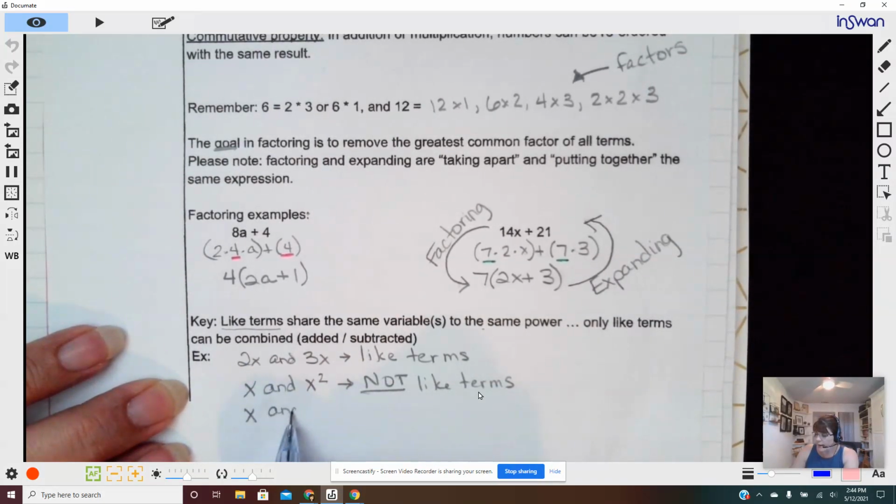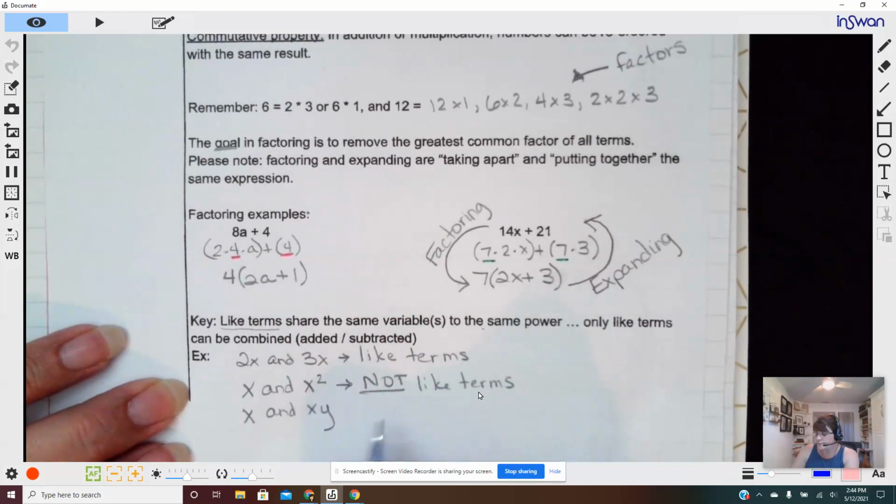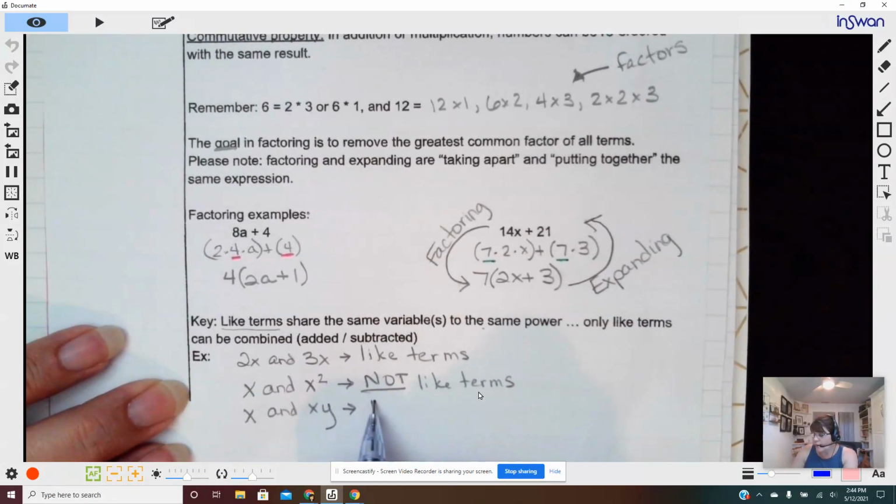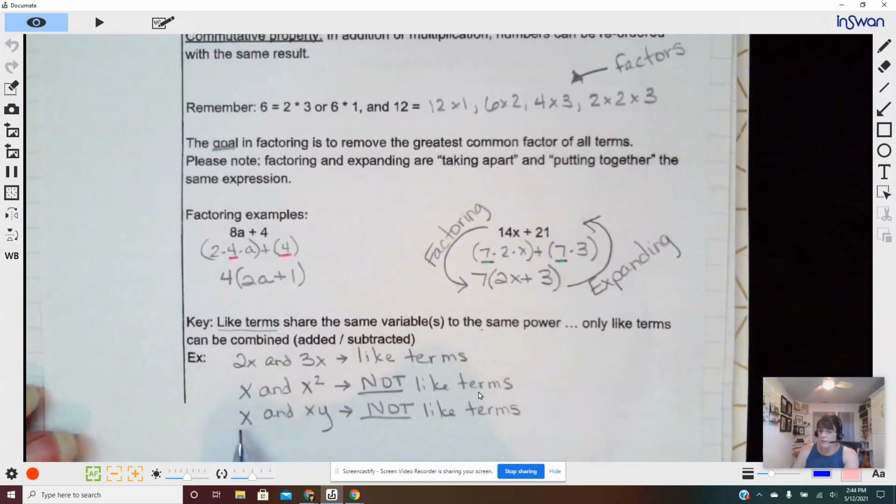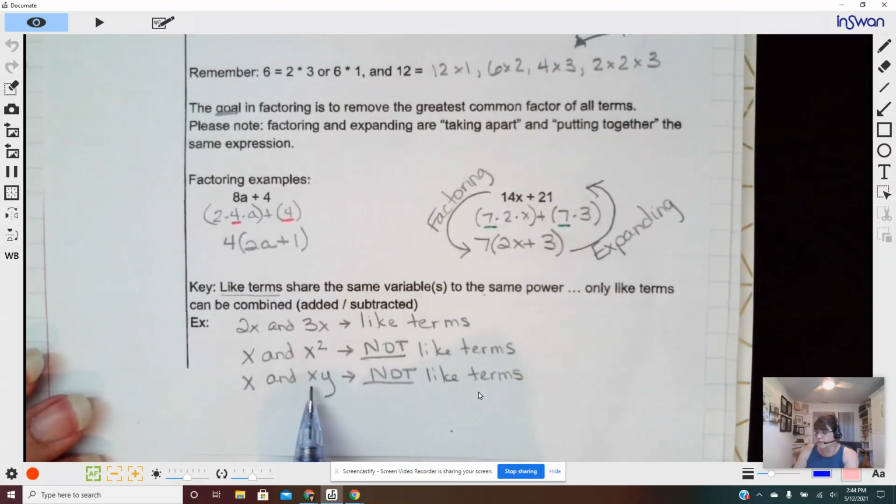Okay? x and xy. Not like terms. This is just x all by itself. This is x with his friend. Not the same.